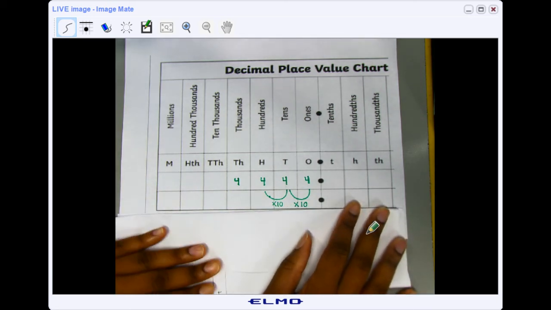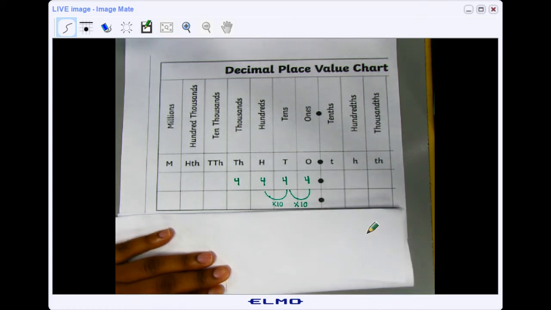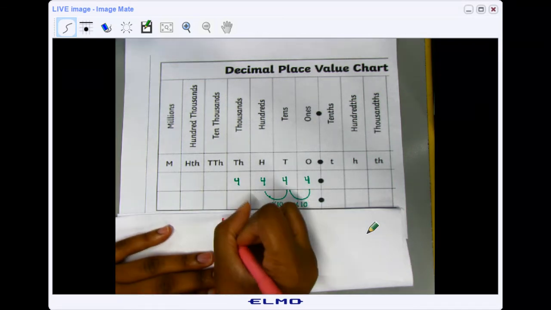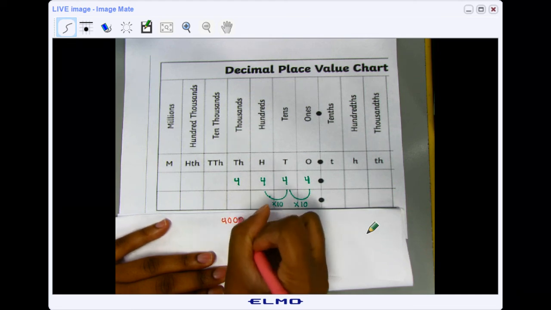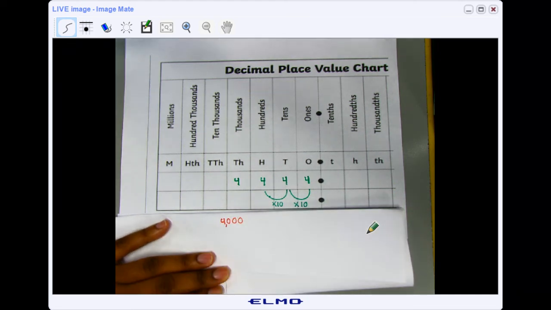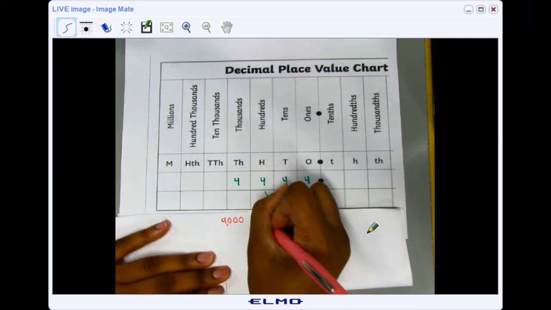Okay, you should have written the values of those digits first. What's the value of the 4 in the thousands place? 4,000. What's the value of the 4 in the hundreds place? 400.